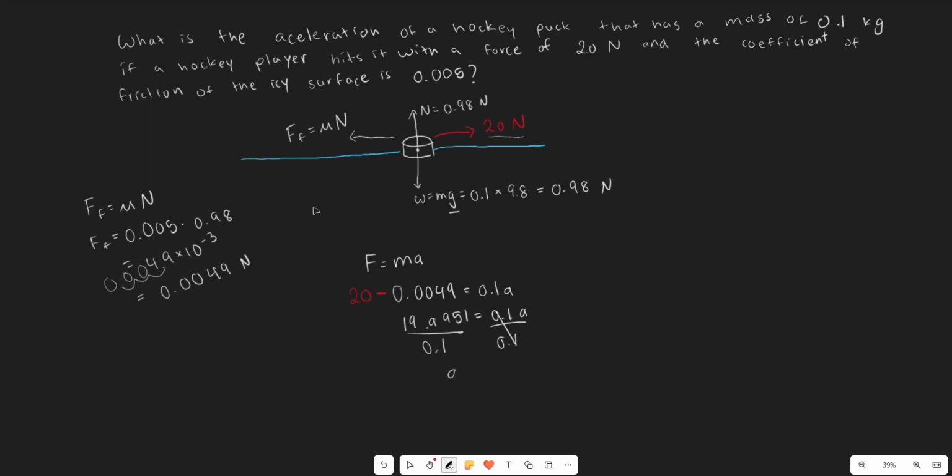Dividing 19.9951 by 0.1, we get the acceleration is 199.951 meters per second squared. That is our acceleration. Here we used our formula for friction and Newton's second law.